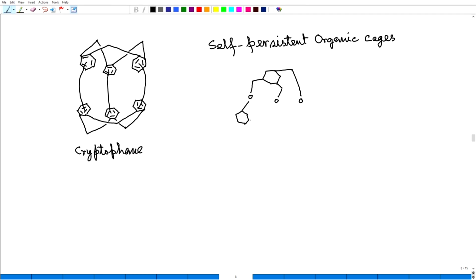It could be meta, it could be para, actually it will be like this.